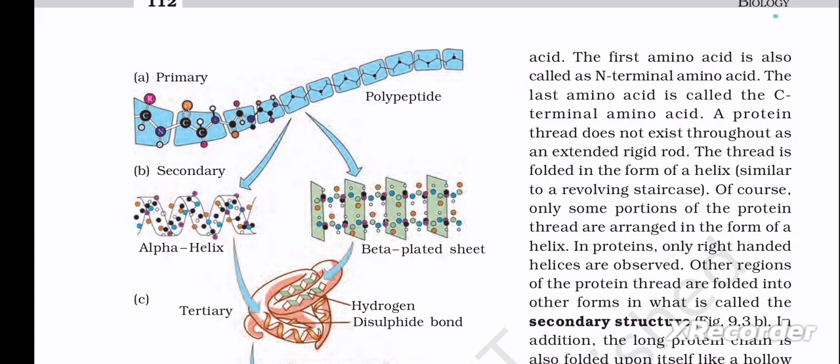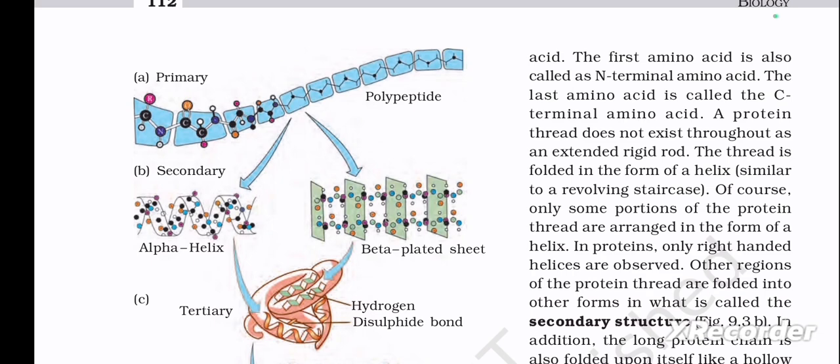A protein thread does not exist throughout as an extended rigid rod. The thread is folded in the form of a helix, similar to a revolving staircase. Of course, only some portions of the protein thread are arranged in the form of a helix. In proteins, only right-handed helices are observed.